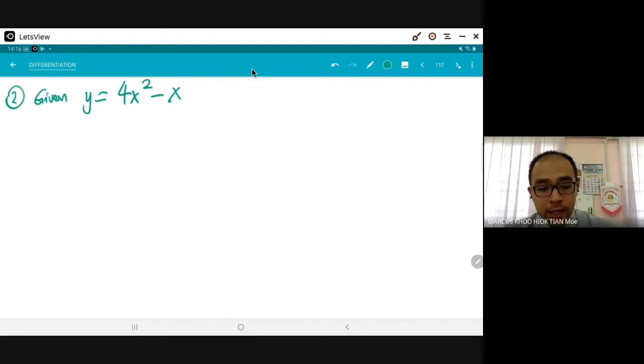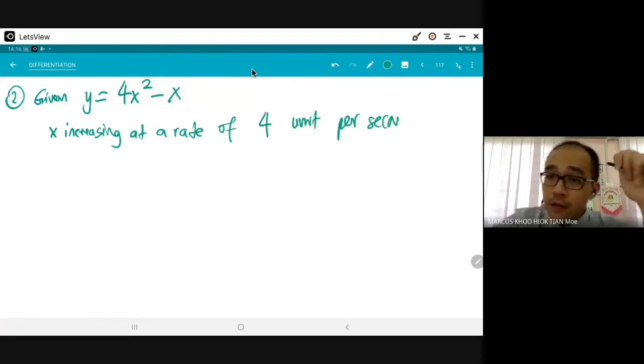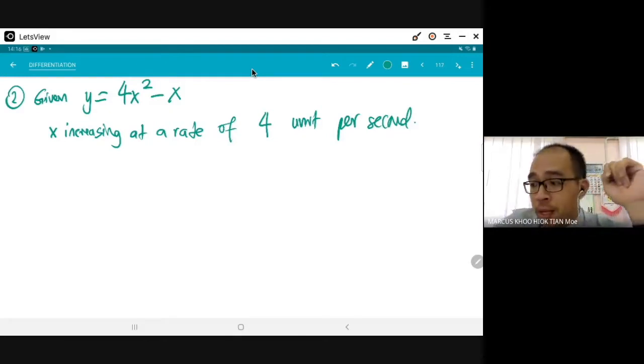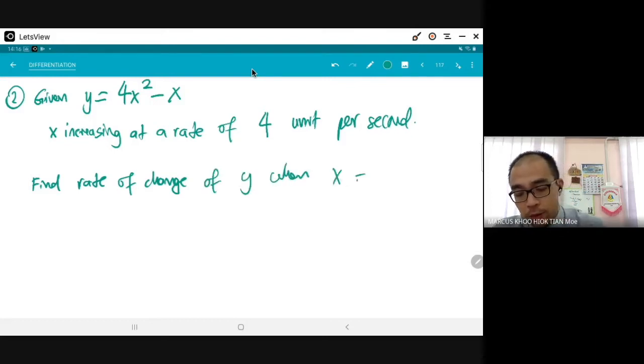And then they give these magic words, x increases at a rate of 4 units per second. Now this is a very important piece of information, but I will come to this in a while. They say find the rate of change of y when x equals to 0.5.